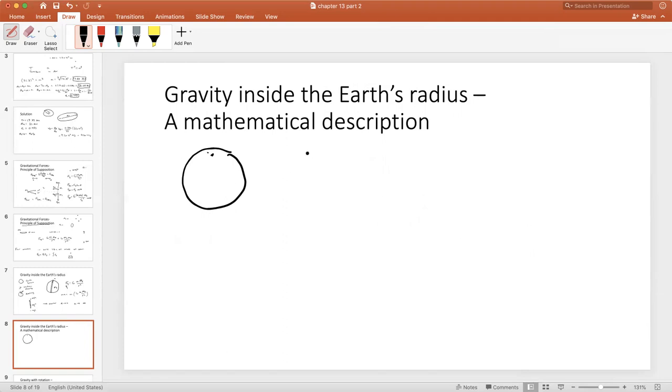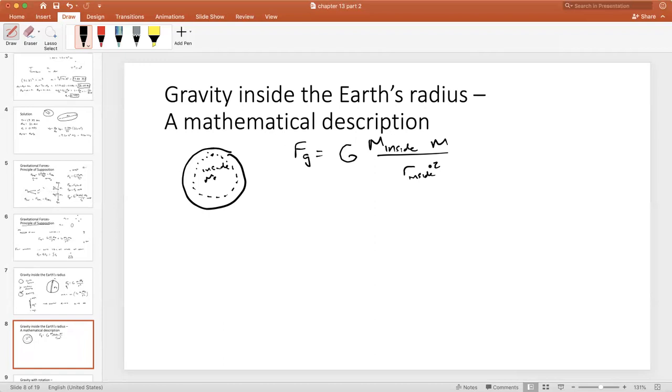What that turns out to mean is that the force of gravity, at some radial distance inside a sphere, only depends on the mass inside here. This is the inside mass times your mass over r inside squared. That's kind of weird.